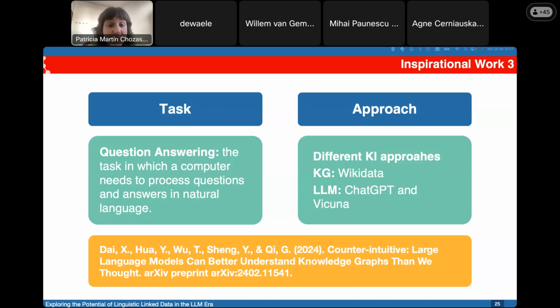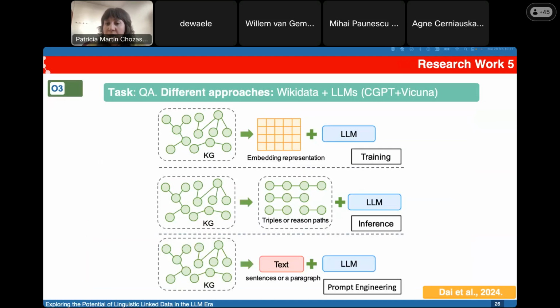And in this case, authors use different knowledge injection approaches with the knowledge graph Wikidata, and the LLMs employed are ChatGPT and Vicuna.